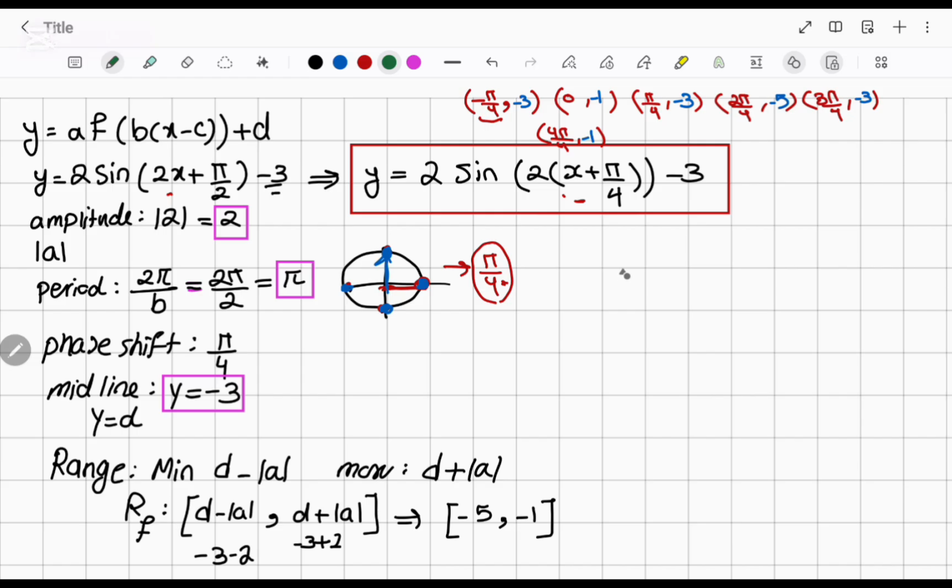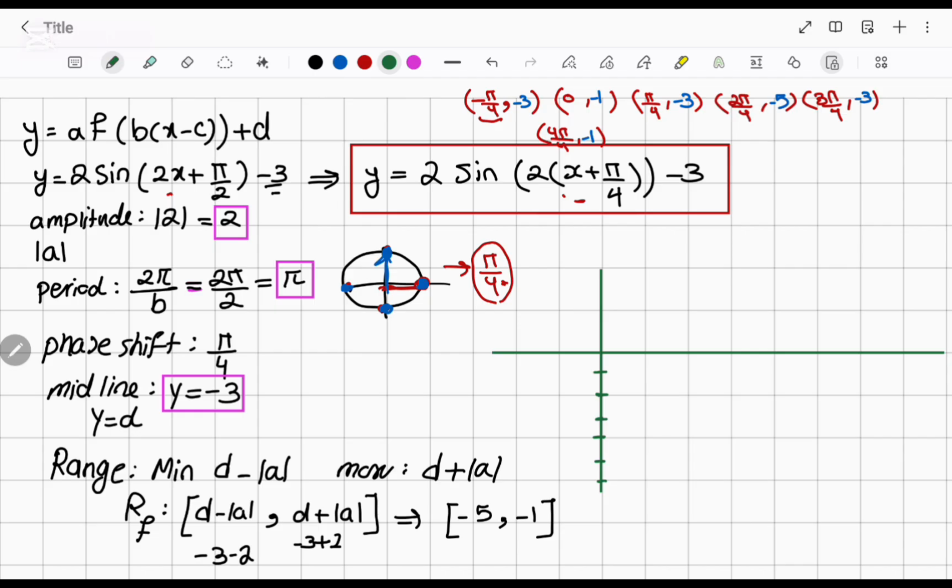They're all negative. So let's do it as precisely as we can. So we have negative 1, the maximum is negative 1, and the minimum is negative 5. So I'm going to go with this.